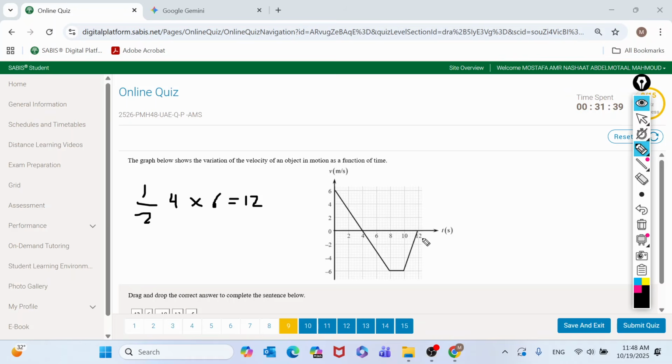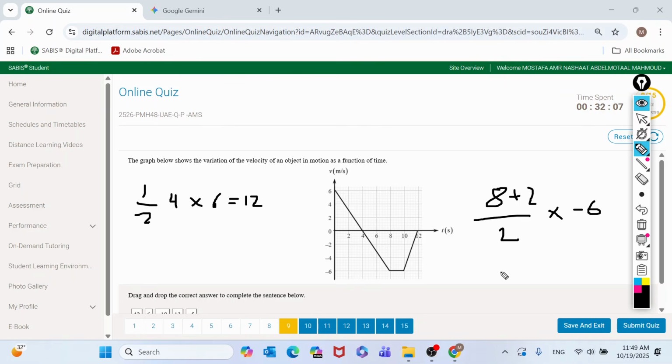And this one is, oh no, base 1 plus base 2 over 2 times height. So base 1 is 12 minus 4, so 8, plus base 2, it's going to be 10 minus 8, so 2, over 2 times height. The height is negative 6.